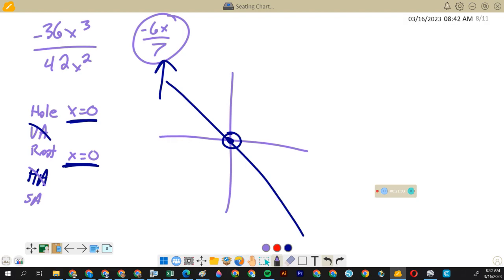So on 1 through 6, all you're going to do is graph the simplified equation, which is just going to be a line, or, well, not necessarily. So let's look at number 2. Number 2 is 16r squared over 16r to the third.